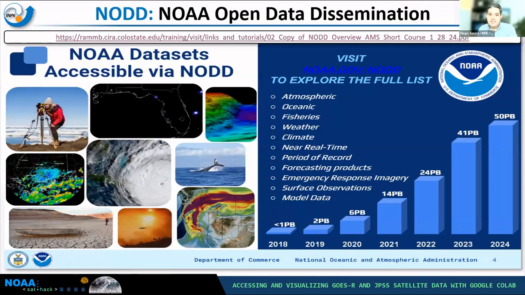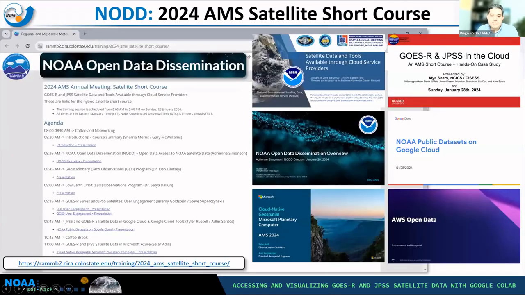And NOAA has an initiative called the NOAA Open Data Dissemination Program, which makes NOAA's vast collection of data freely and openly available to the public through cloud service providers like Amazon, Google, and Microsoft. And we won't go into much detail today, but on this slide, you'll find a very nice reference about this program to explore later.